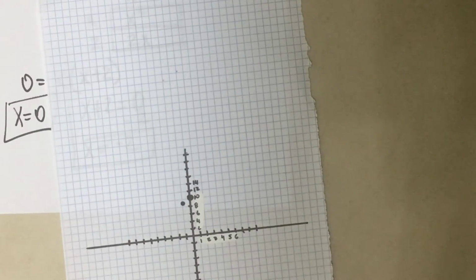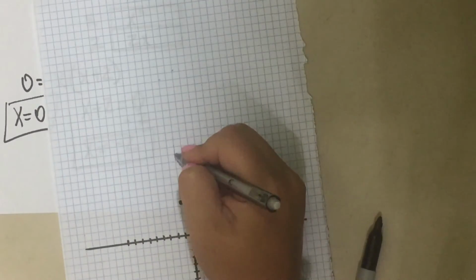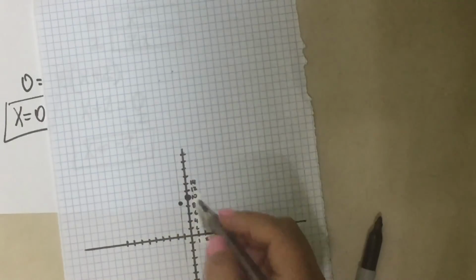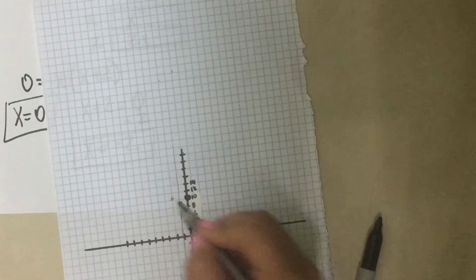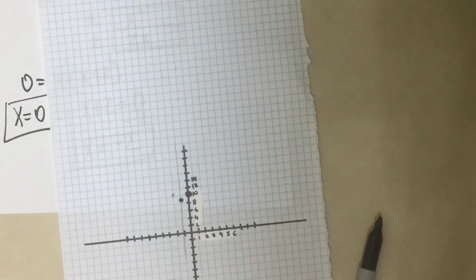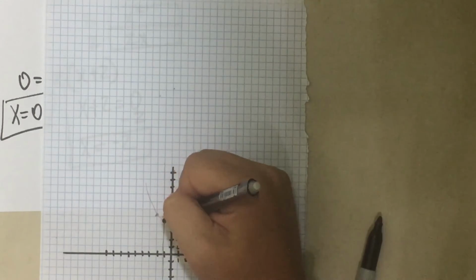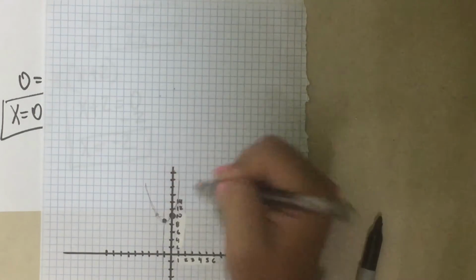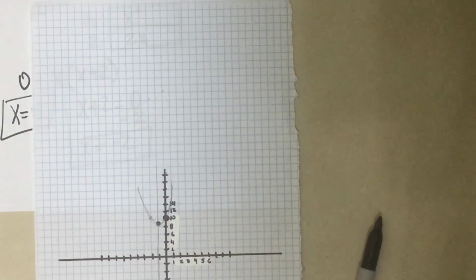Now, we can use the line of symmetry, or the axis of symmetry, in order for us to get a more accurate graph. This is our line, so one point from here, one point from there. And from this, we already know that our function will make a parabola shape.